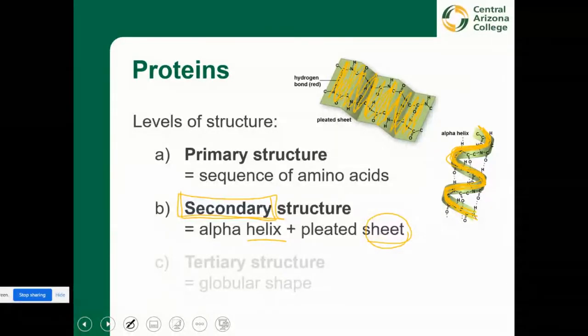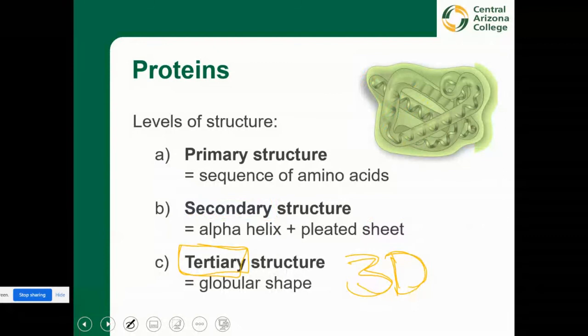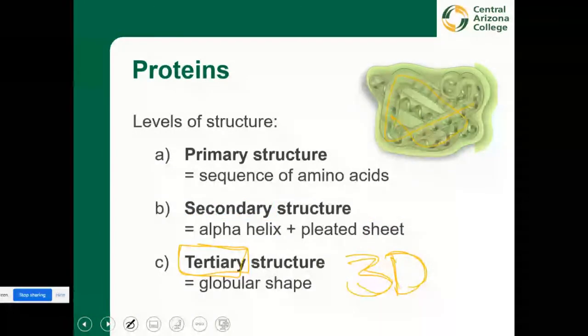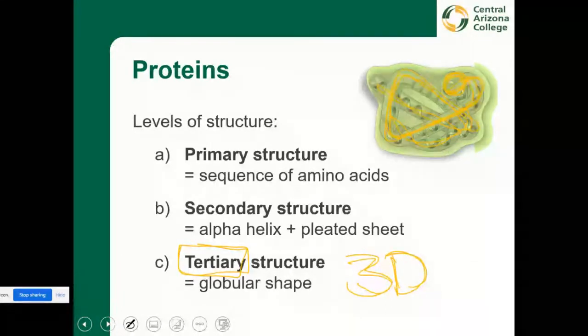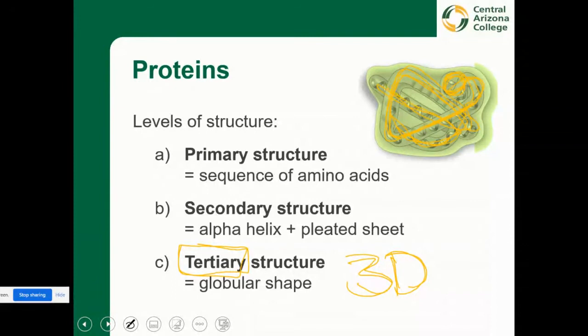When we take that helical shape, we can see it inside this three-dimensional structure that we're looking at. So it is still there. We're just not focused only on that 3D shape. Any questions so far? Any questions about this?